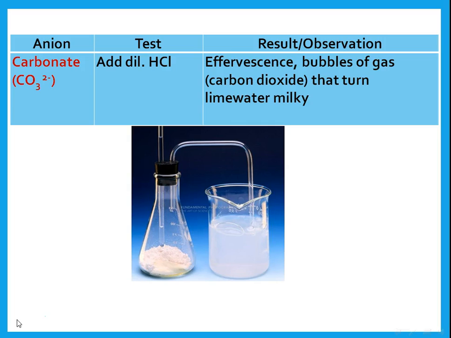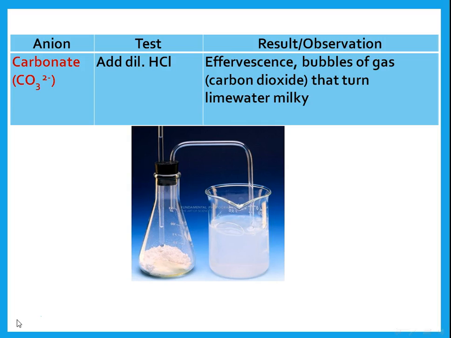Now, this test can also be used to test for acids. Remember when we were talking about acids and bases, we said an acid is something that will turn litmus paper red, or universal indicator paper red or orange or yellow. But what if he says test for an acid without using indicator? So he doesn't want you to tell me litmus or universal indicator paper.